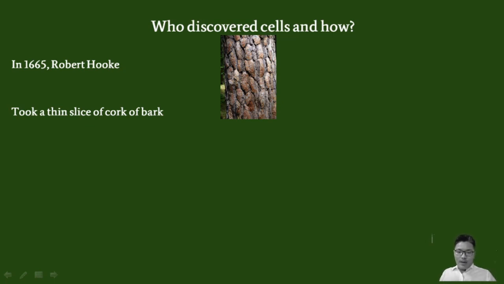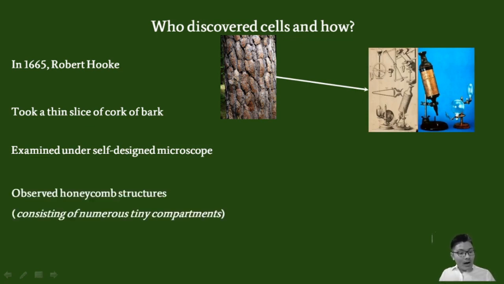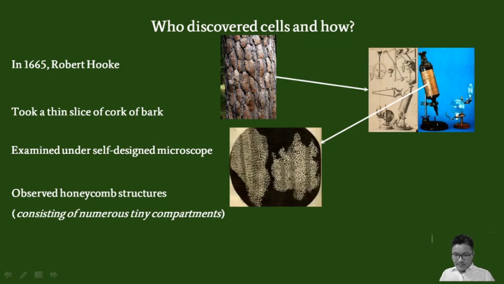And he cut it into thin slices, thinner than the sheets in your notebook, and observed under his own microscope. So this is his own microscope. After observing through his microscope, he observed honeycomb-like structures. You can see honeycomb-like structures, right? Tiny rooms which are hexagonal in shape.